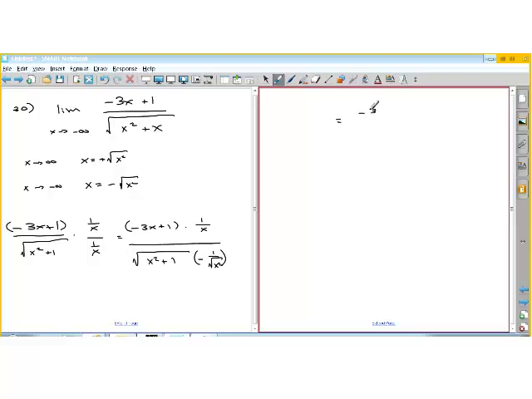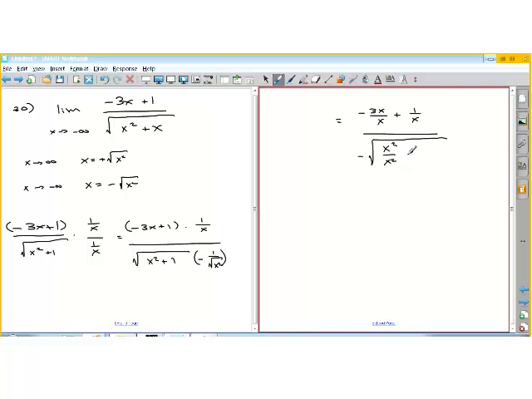So the numerator becomes negative 3x divided by x plus 1 times 1 over x, which is 1 over x. In the denominator, the negative sign stays out. But what happens is 1 over the square root of x squared times that, basically the x squared comes in.